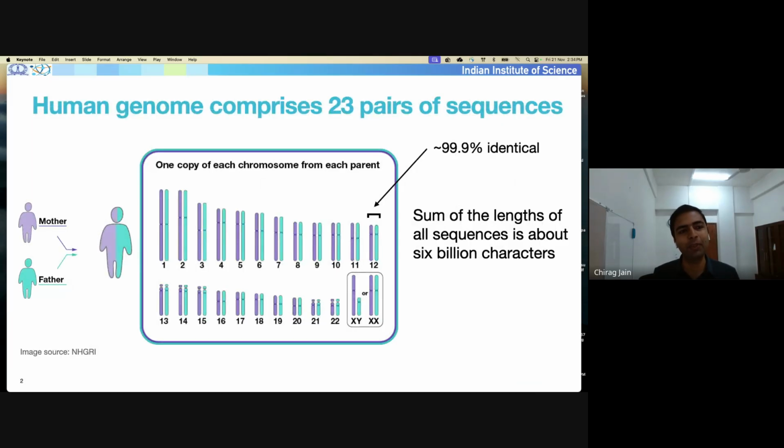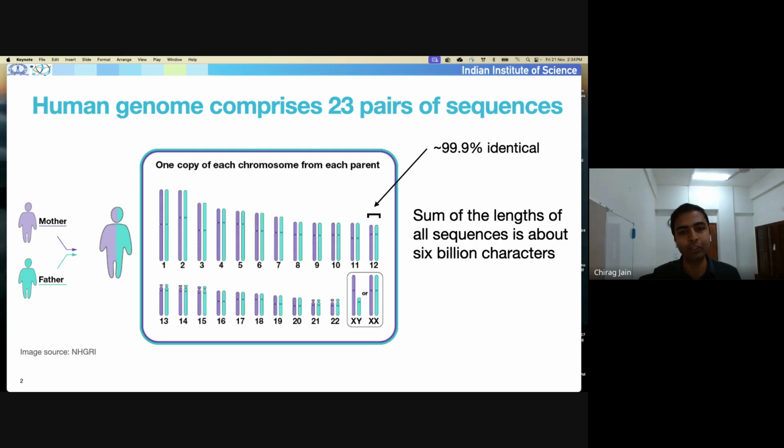To start with, let me just tell you about the human genome sequence itself. I think many of you may have seen in your 11th or 12th grades that we have the human genome in our DNA. The complete DNA sequence is called the genome, and we inherit it.